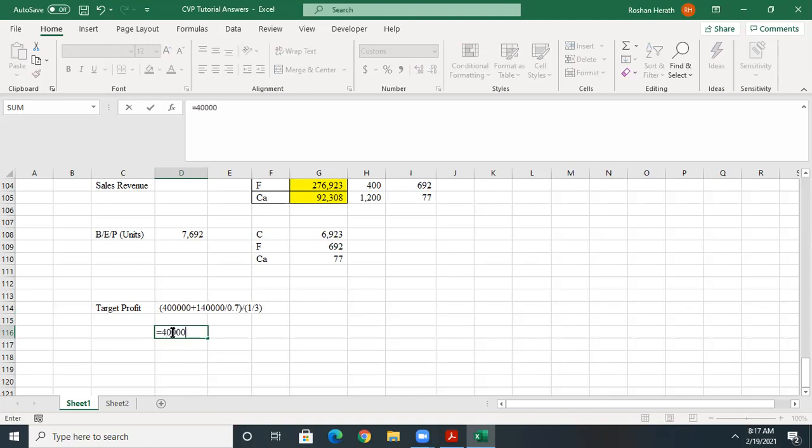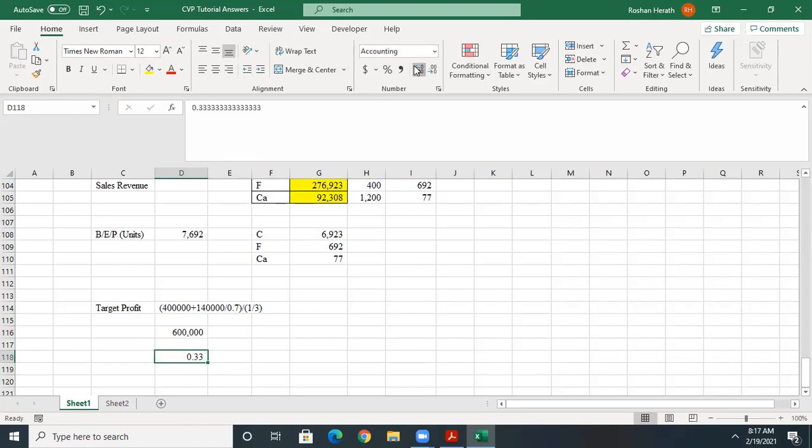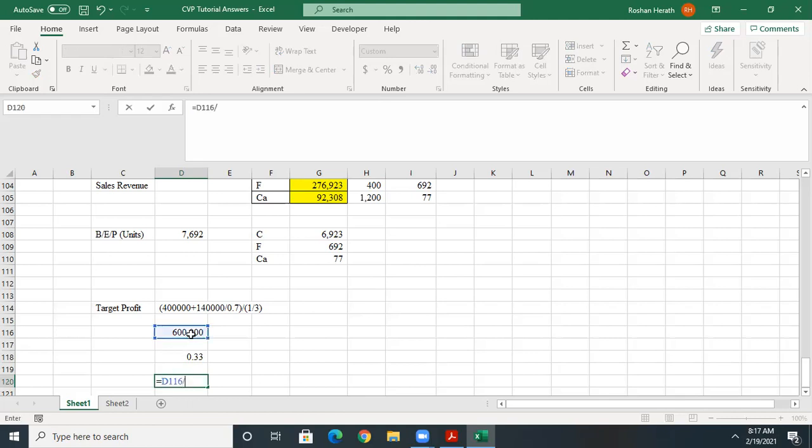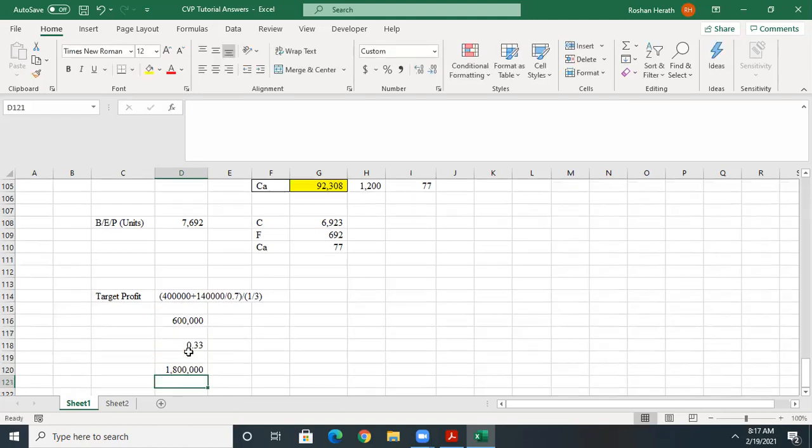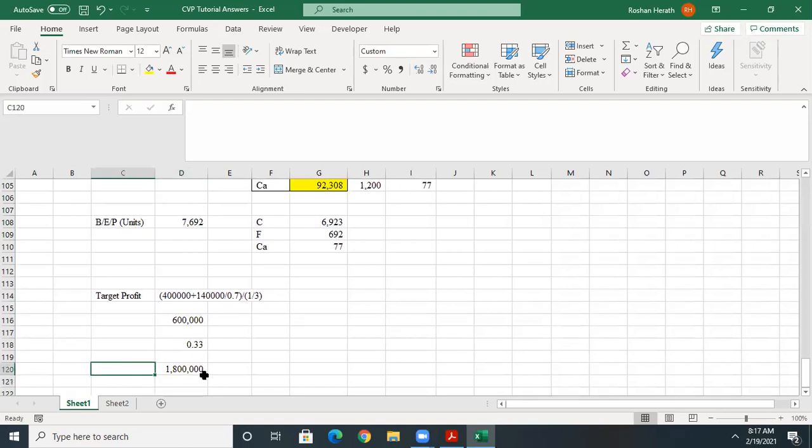So if you take this 400,000 plus 140,000 divided by 0.7, it's going to give you 600,000, and divided by 33%, or 1 divided by 3, there comes the sales revenue of 1.8 million.